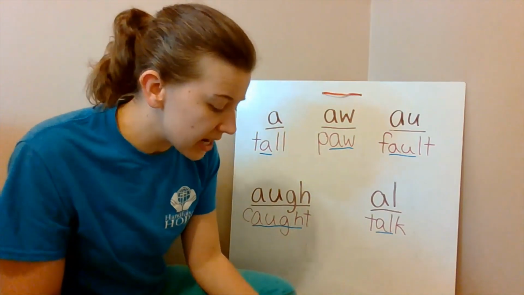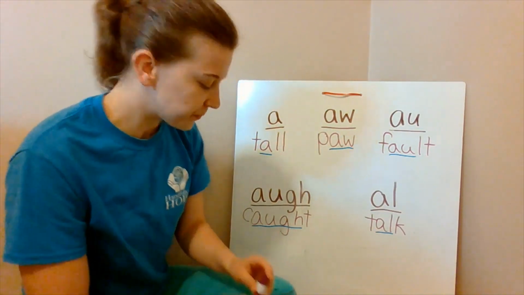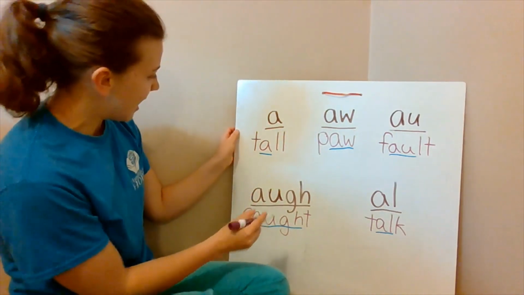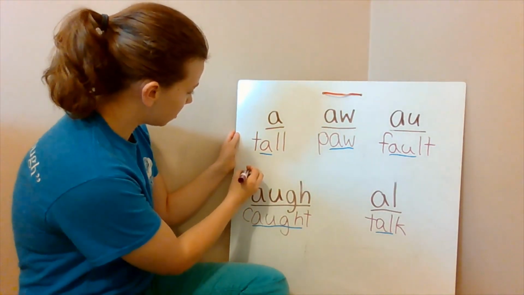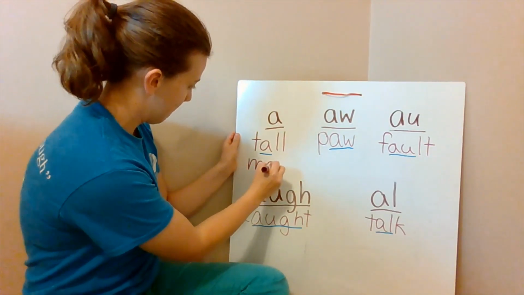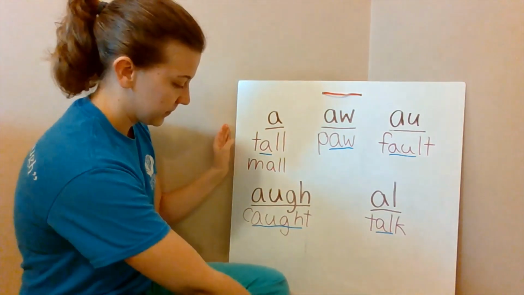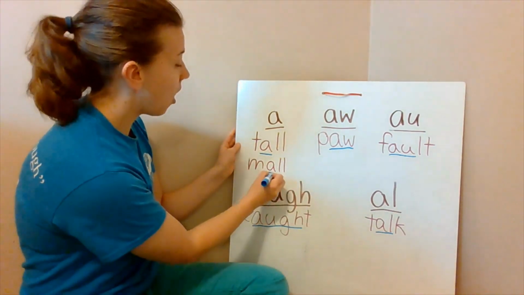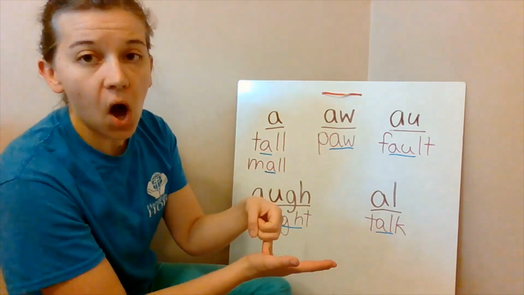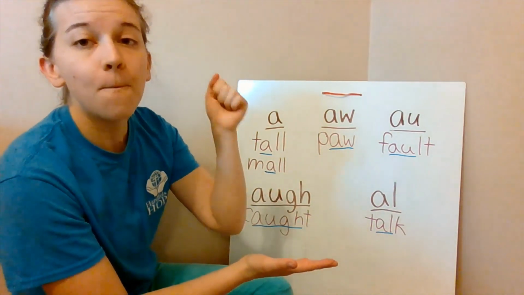Let's look at a few more examples, one for each. All right, let's look back at A. And how about we do a spelling word. All right, so remember A says aw. So let's tap that together. Aw, o.